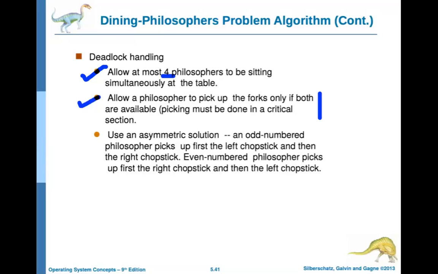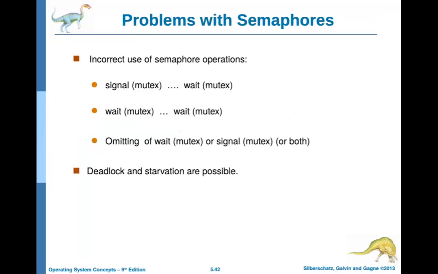Or the second one is to use an asymmetric solution in which an odd numbered philosopher picks up first the left chopstick and then the right chopstick, and an even numbered philosopher will pick up first the right chopstick and then the left chopstick. So in all three ways we can remove the deadlock. So that is the solution to the dining philosophers problem.